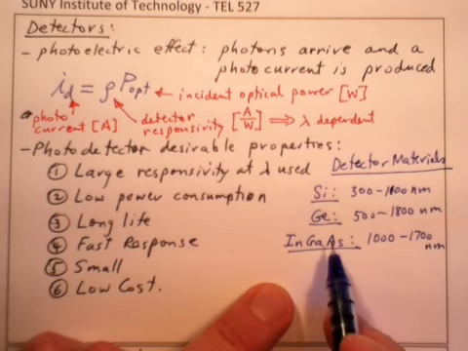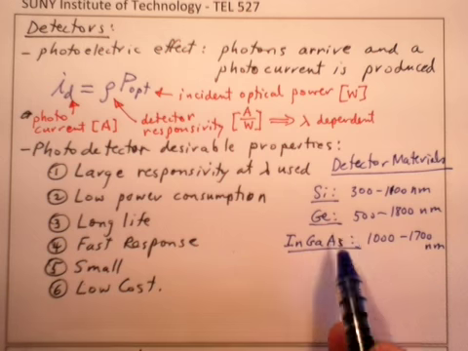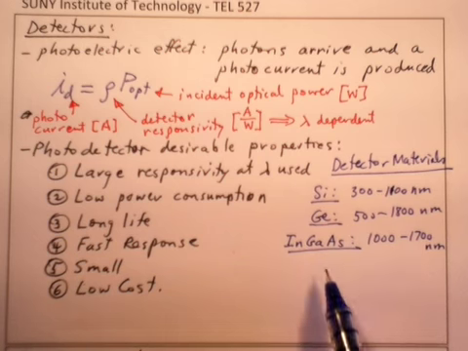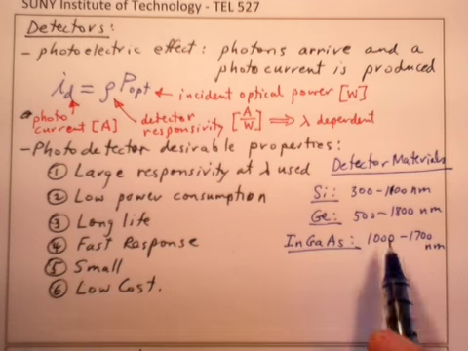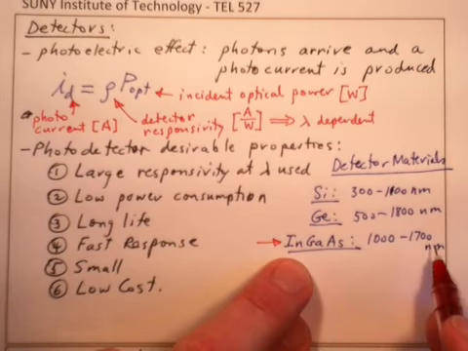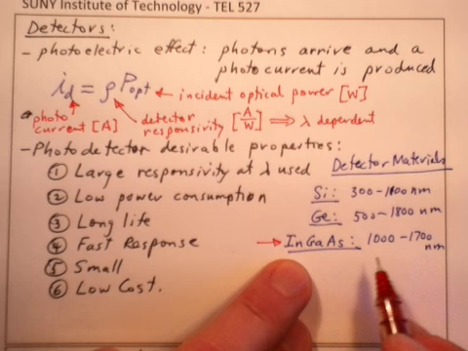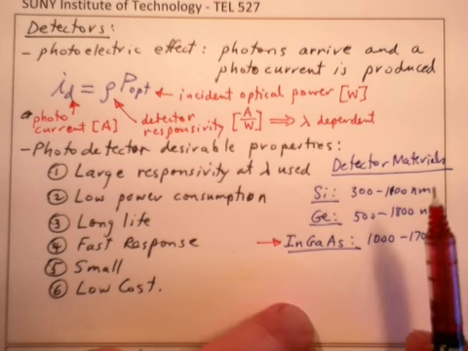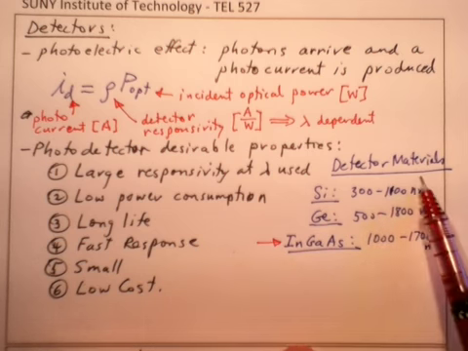It's more expensive than germanium, but has much better properties, in particular lower dark current. These are the main materials, and we tend to use InGaAs as our material system for fiber optic communication systems. If you're working in the 850 window, though, go ahead and use a silicon detector. It's very cheap.